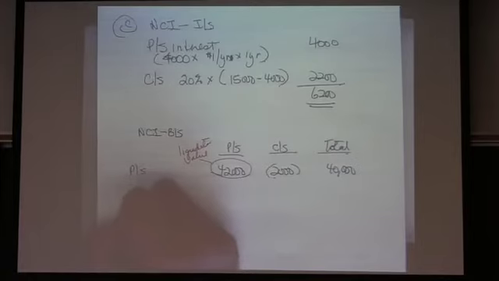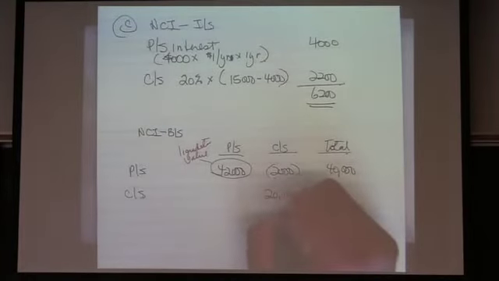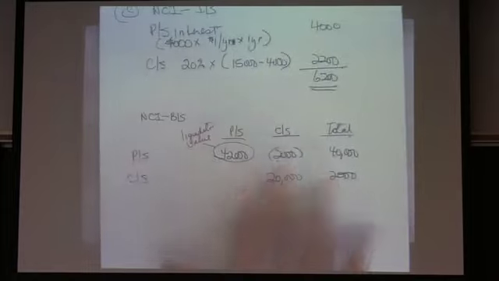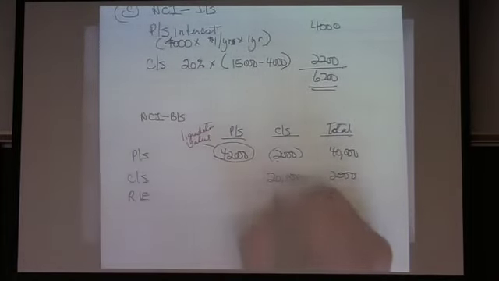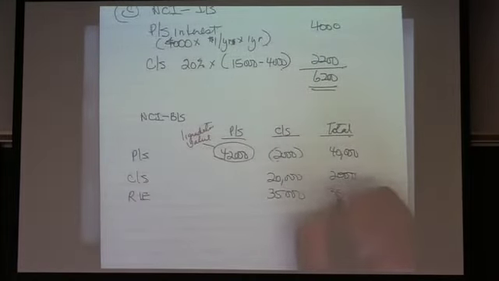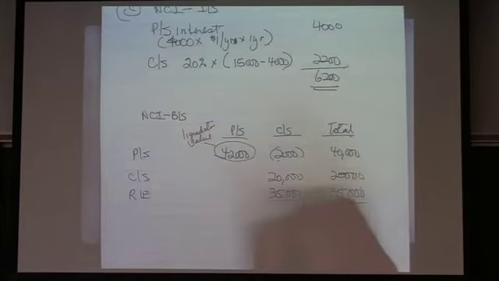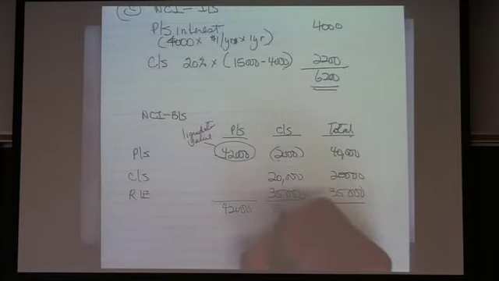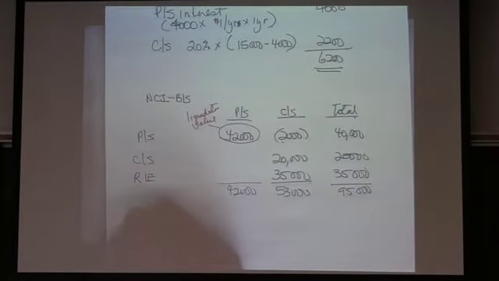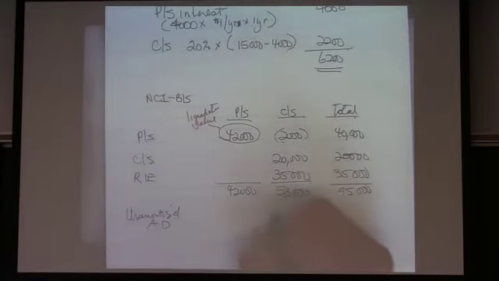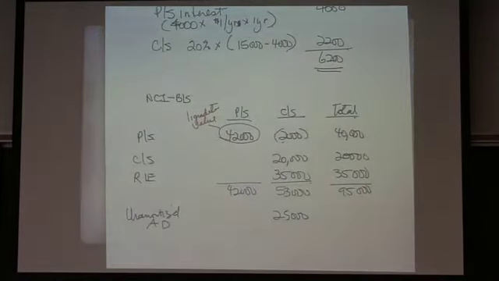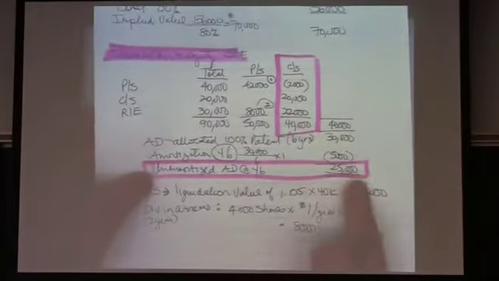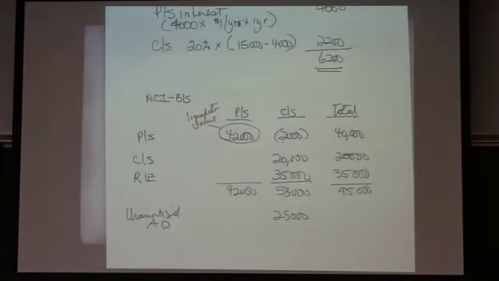Now, common shares, we know there's 20, and retained earnings is 35. What about the unamortized AD? We know there's 25,000 left. How did I get that number? Remember we saw that, the unamortized AD is 25 right there.